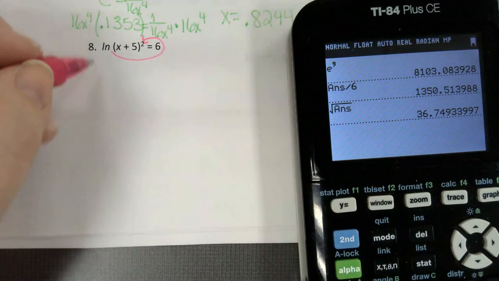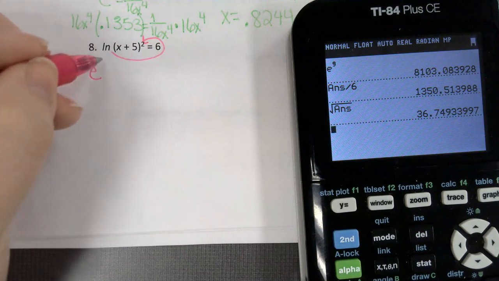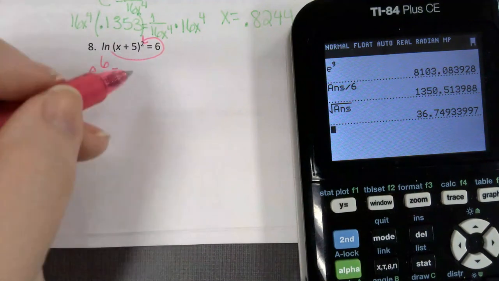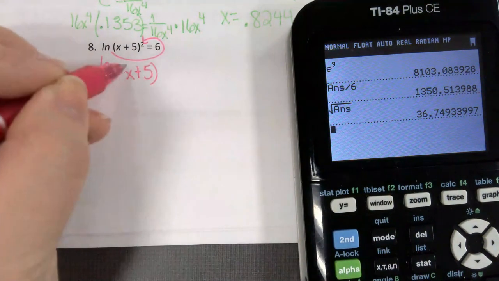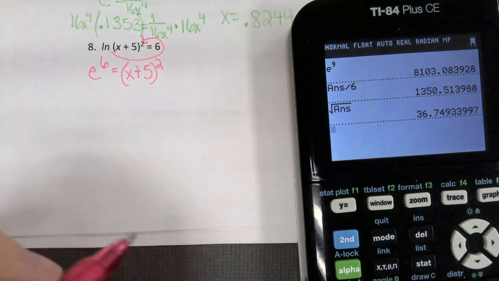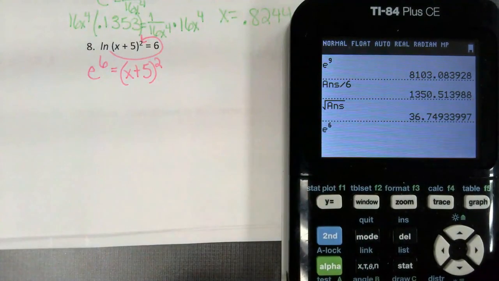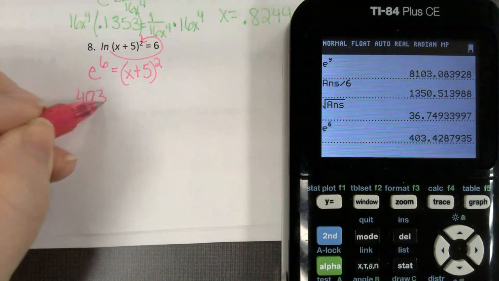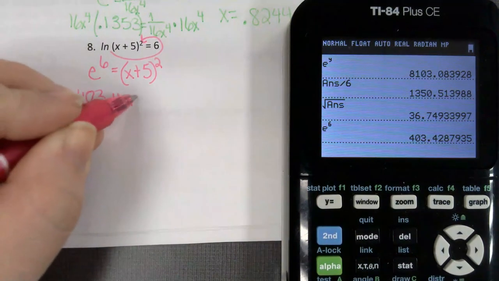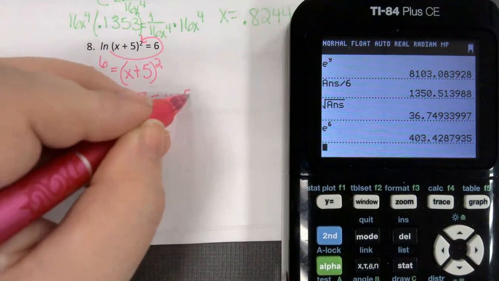So natural log is log base e to the 6th power, trying to get to x plus 5 squared. So e to the 6th power gives me 403.428 equals x plus 5 quantity squared.